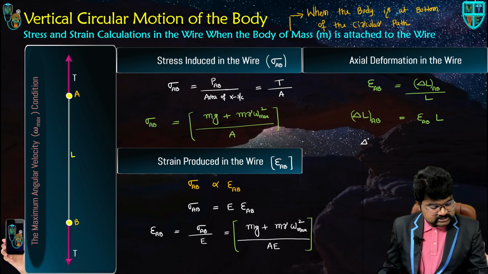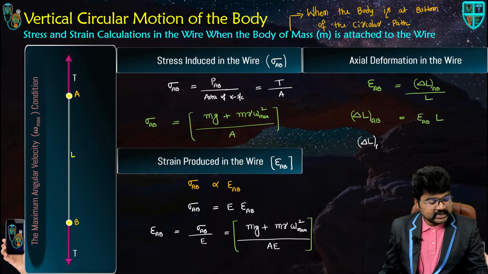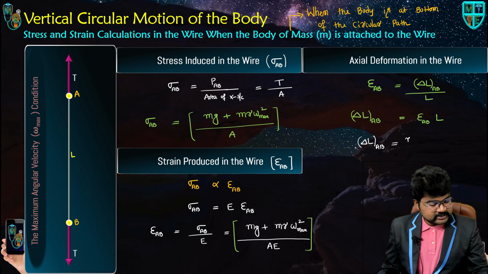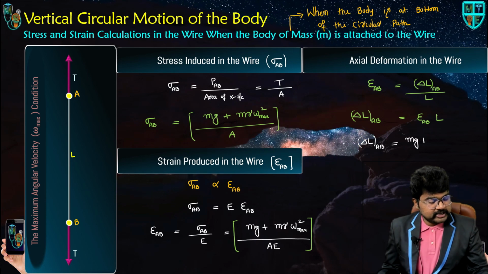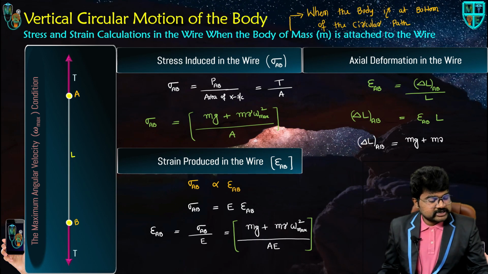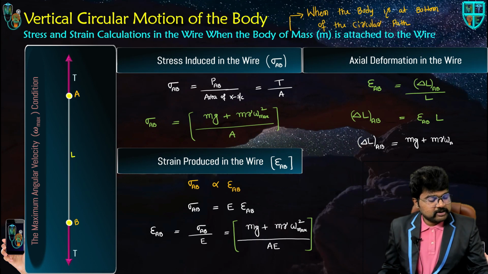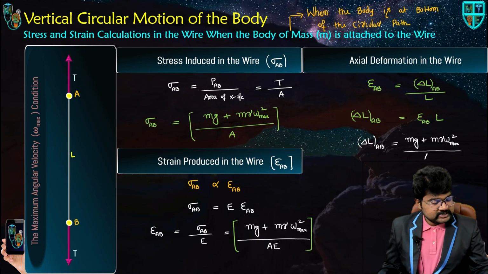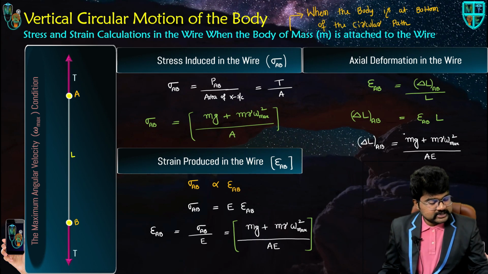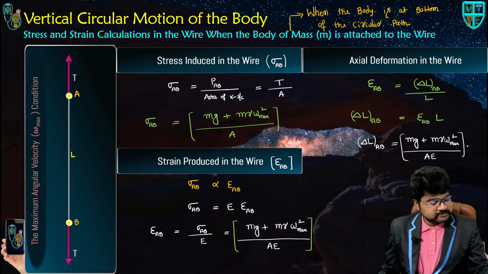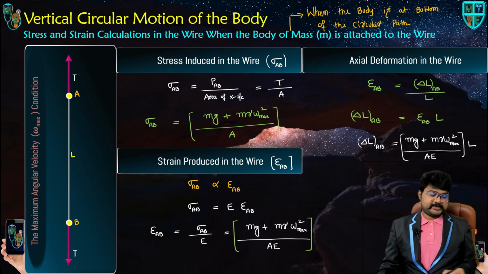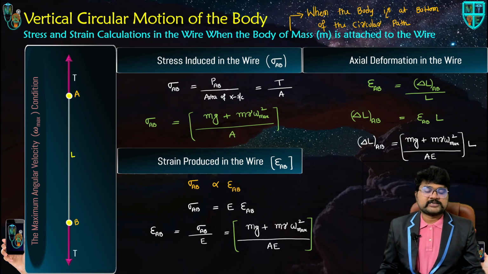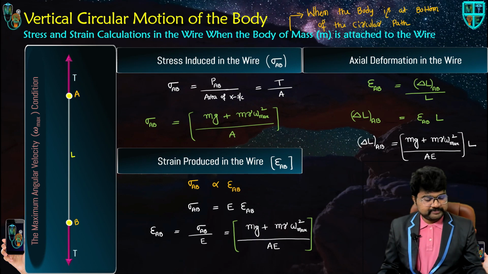Now, axial deformation delta L AB equals mg, weight of the body, plus maximum centrifugal force m r omega maximum square, by AE, into the length of the wire. Understood now? So we can write it in terms of the maximum angular velocity of the body.